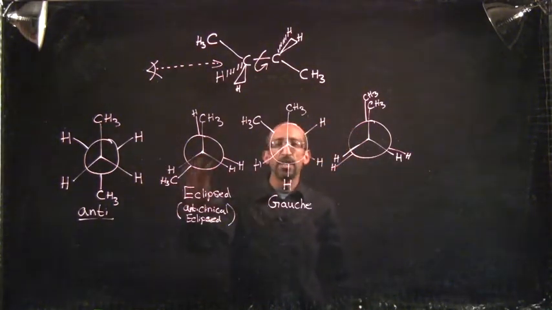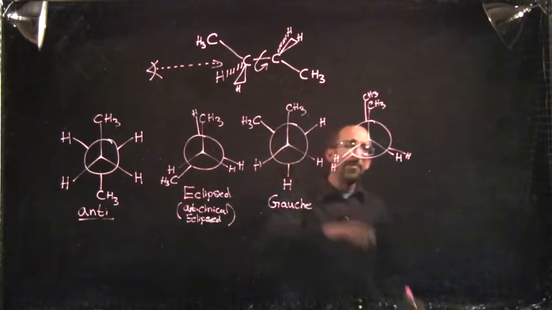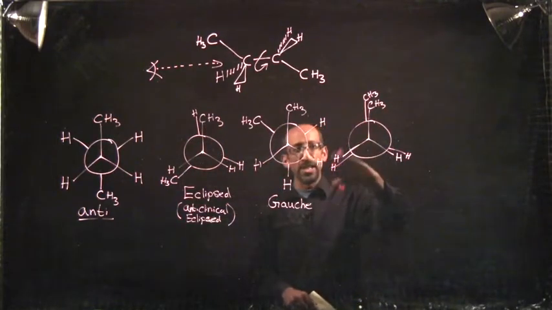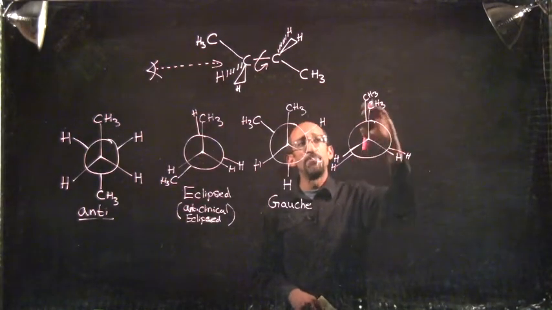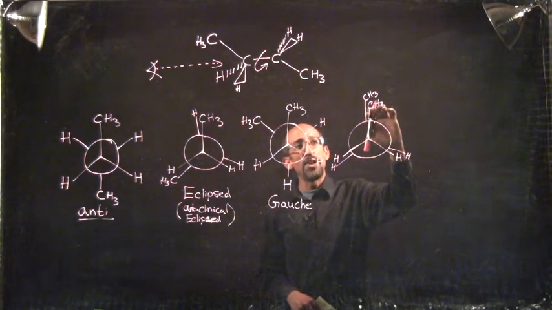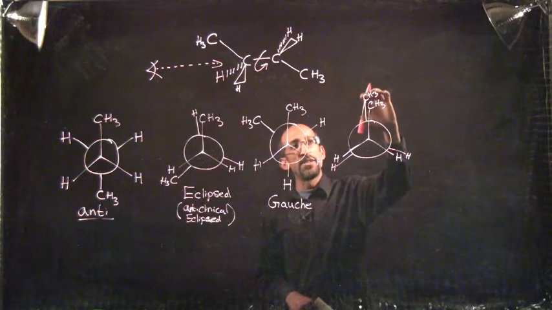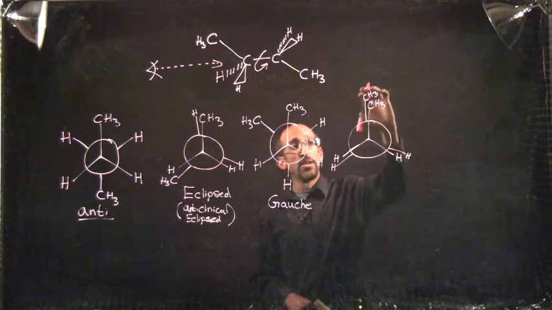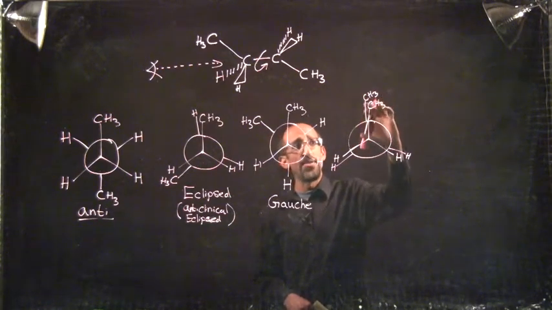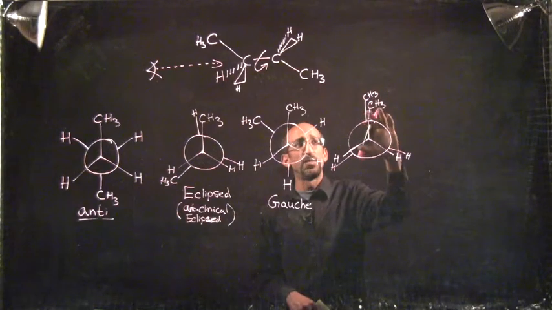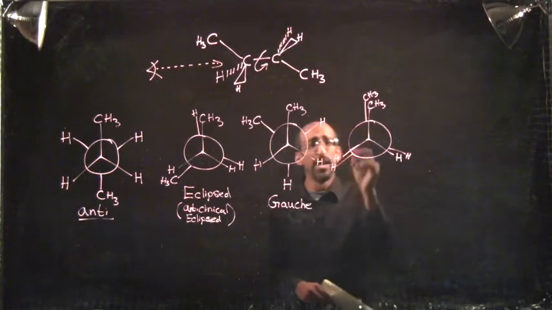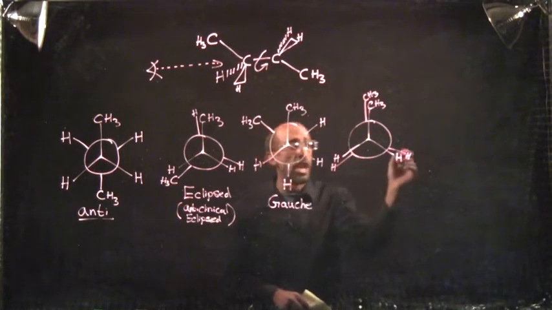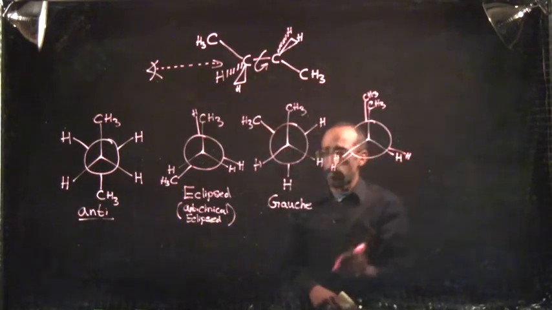Similar to this anticlinical eclipsed, right? Even though nothing's perfectly aligned, by drawing our Newman projection in this fashion, it is implied that the carbon-carbon bond here and the carbon-carbon bond in the back, coming off of that back carbon up to that methyl, those are perfectly aligned in space, and the two methyl groups are also perfectly aligned in space. And same with the front and back hydrogen here, front and back hydrogen here.